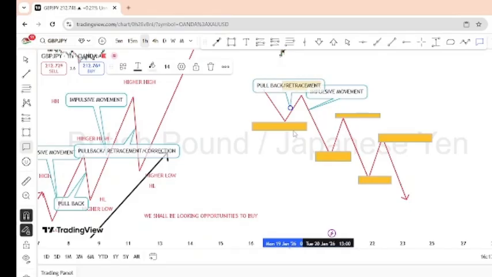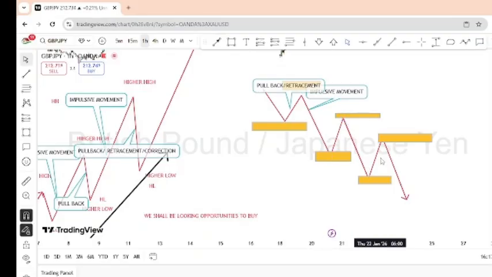Okay, so by now you understand what I mean by impulsive movement, retracement, impulsive movement, retracement. Retracement also means a pullback. But there's something very important I need you to pay attention to.